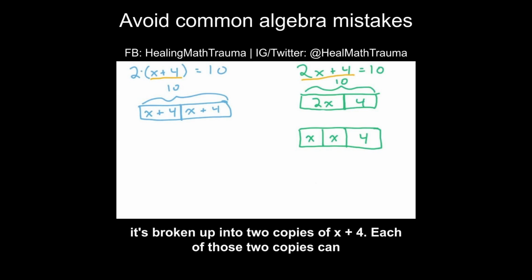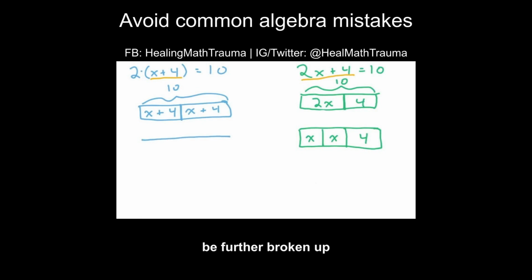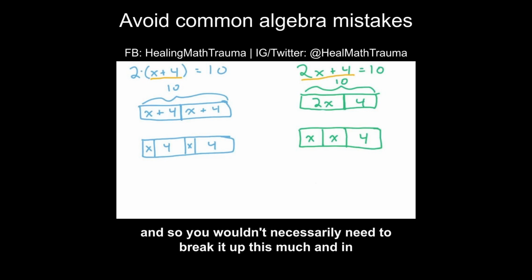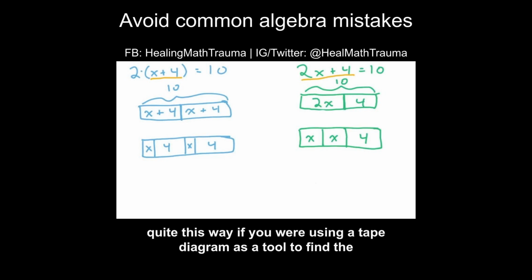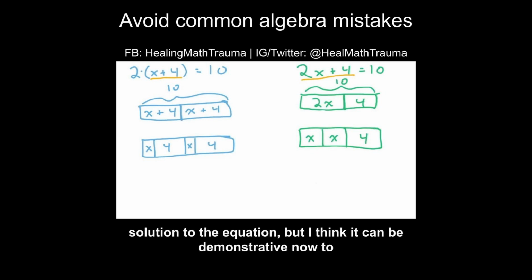Right now it's broken up into two copies of x plus 4, but each of those two copies can be further broken up into an x part and a 4 part. And so you wouldn't necessarily need to break it up this much and in quite this way if you were using a tape diagram as a tool to find the solution to the equation.